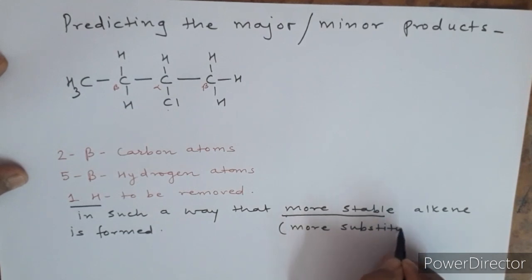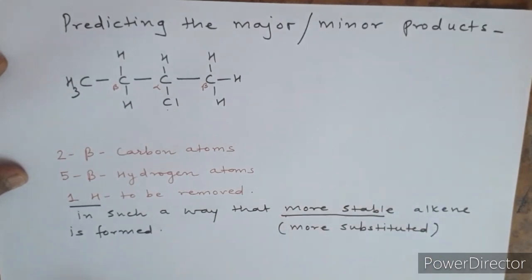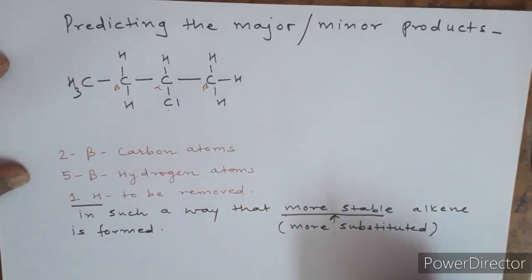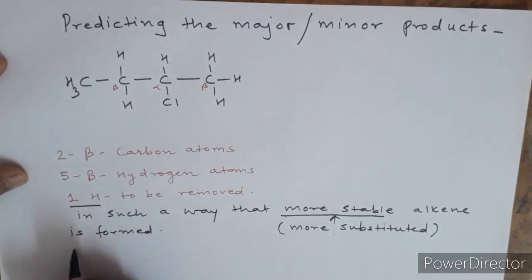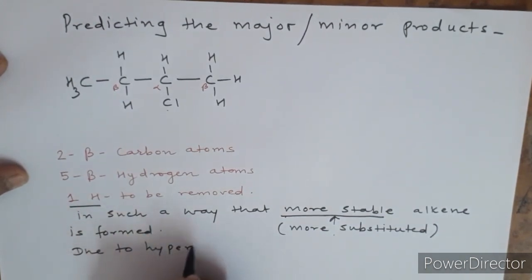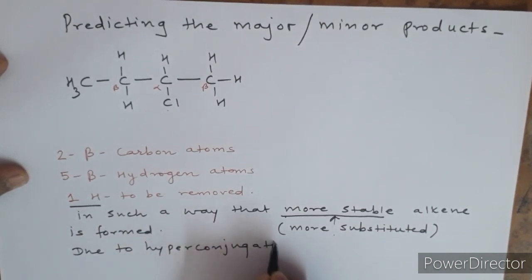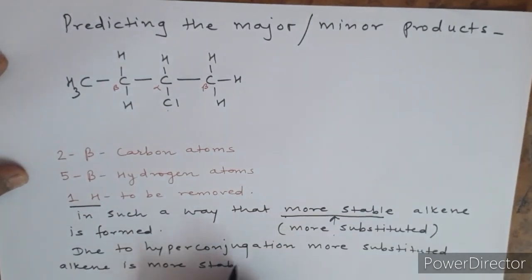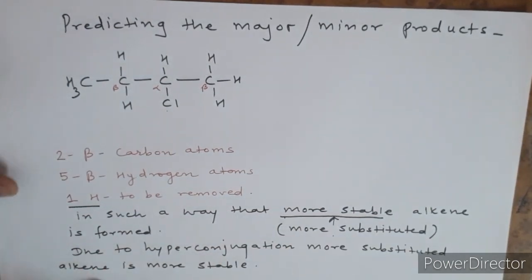And why is it more stable? Because of the phenomenon of hyperconjugation. We've already studied about hyperconjugation in class 11th. Hyperconjugation is also known as no bond resonance. Right, so this is your statement which we have written.